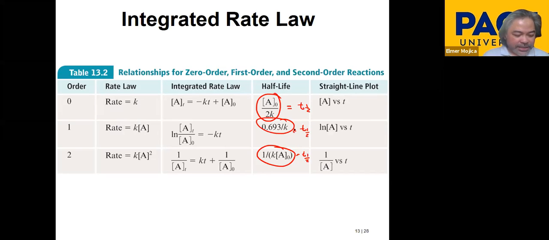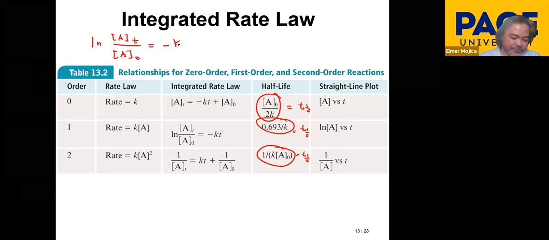Now, you may ask yourself, how did we end up with the first order having a half-life of 0.693 over k? Anyone? So remember, how's the first order written? First order is written as ln of A(t) over A0, right?